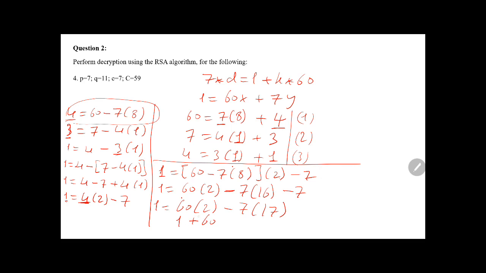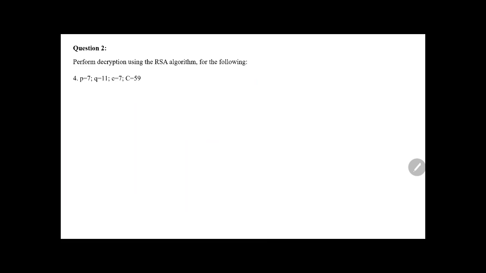It should be negative 60, but since we don't have a negative sign here, I will add the negative inside the bracket, so it will be negative 2 here, and this will be equal to negative 7 multiplied by 17, so I will push the negative sign inside the bracket, so it's 7 multiplied by negative 17. Now this is similar to this one. So we have next to the 7 the d, which is negative 17, and next to the 60 the k, which is negative 2.